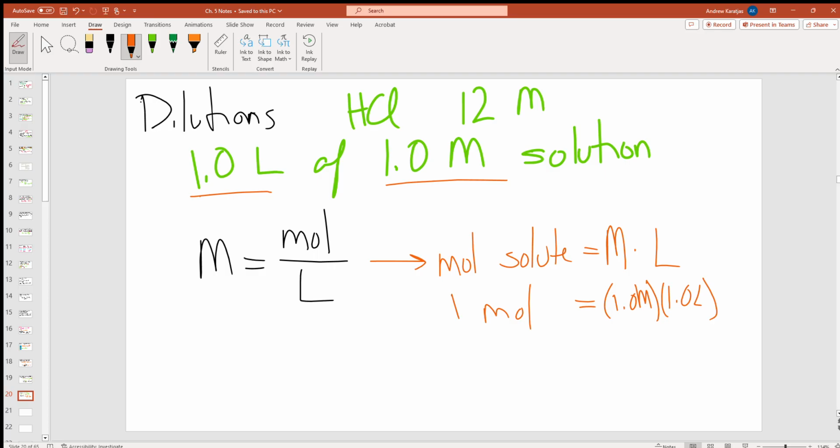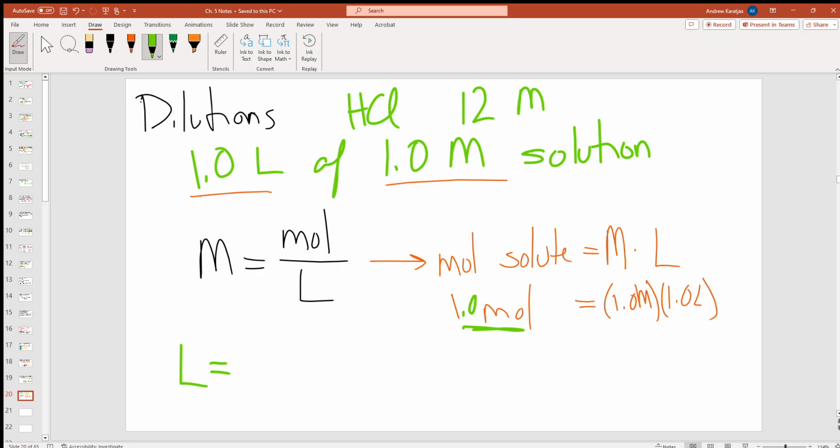How do we do that? Well, we can use this same equation, moles of solute is molarity times liters, except at this point we know the moles we need, that's what we just found, and we know the molarity, that's given as 12, so we need liters.